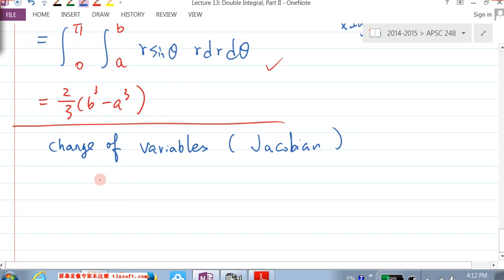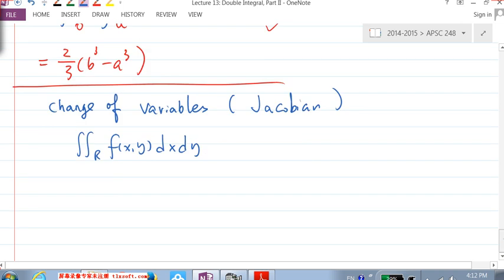Okay, so here is the idea. Here's the double integral. Now, what we know is that x is a function of u and v, and y is also a function of u and v.